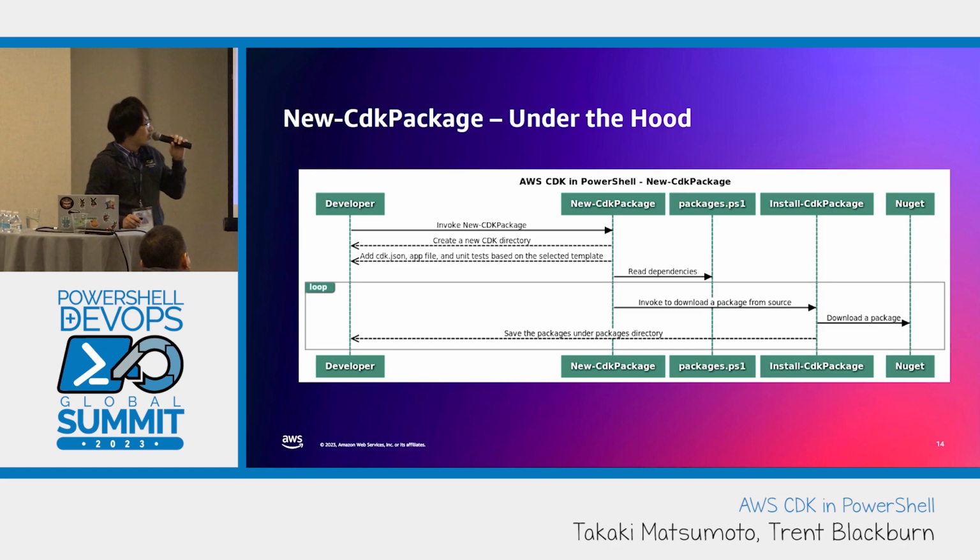You see it on the right-hand side, but New-CDKPackage actually uses Install-CDKPackage. So those are 2 out of 3 public functions in this PowerShell module. Again, it's pretty small, and these are helper functions. Once you have those files locally, you start writing your PowerShell code to be able to deploy your CDK app.